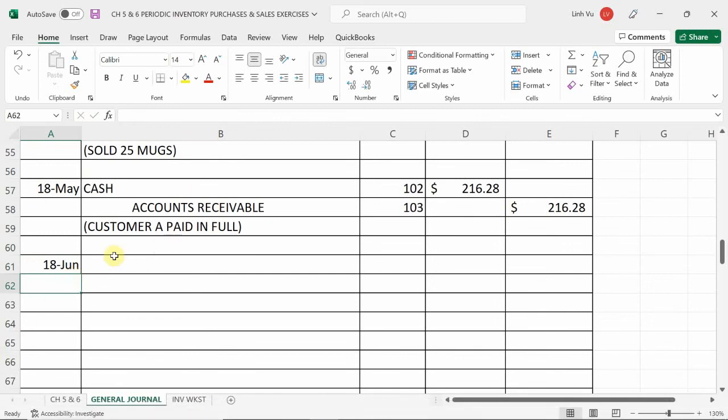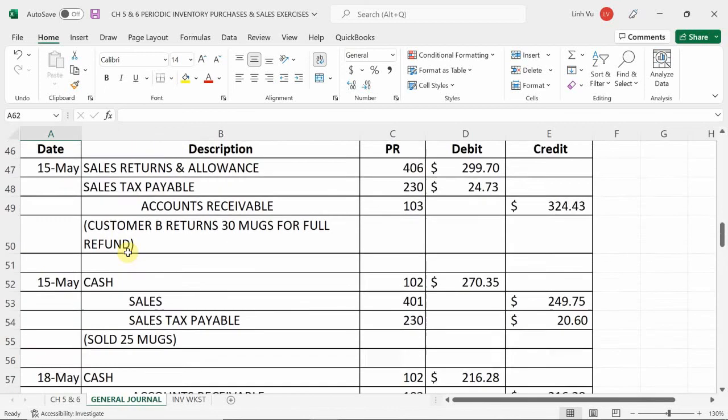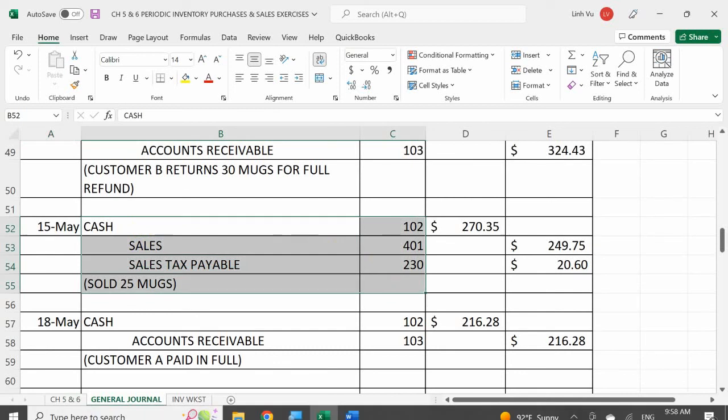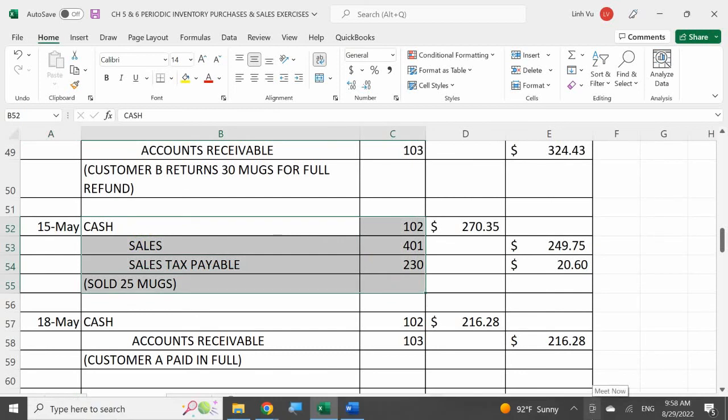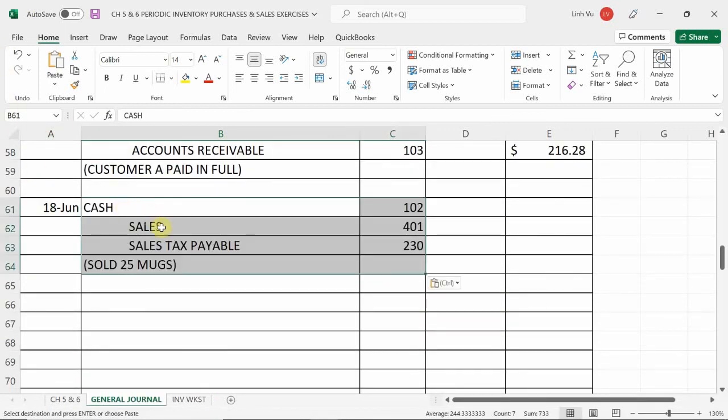All right. So last but not least, that very same day, you also end up selling 50 mugs for $9.99 each for cash. So again, another cash sale here. This time we sold 50 mugs.